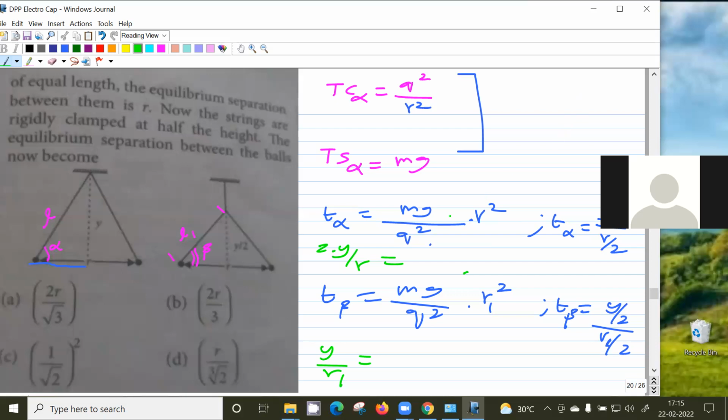If I divide this by this, I'll get r1 cube. R cube, 1 by 2.